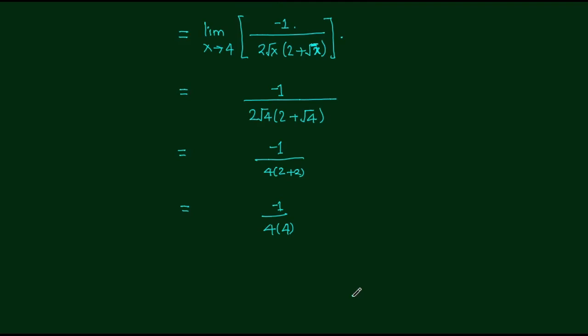So when we multiply that, our final result will be, of course, that the limit as x tends to 4 of our original expression, which was 1 over root x minus 1/2 divided by x minus 4, will be -1 over 16.